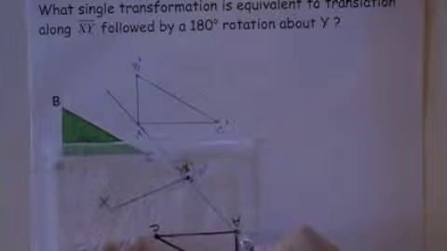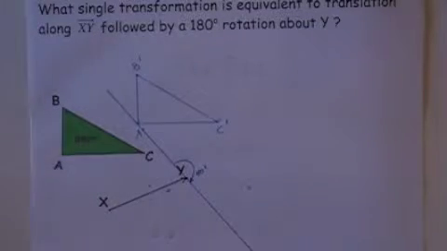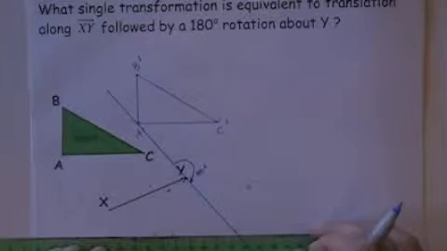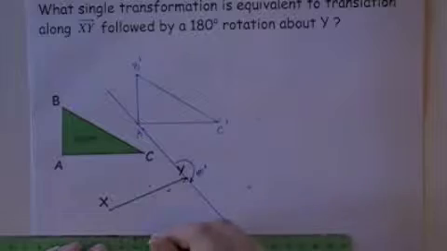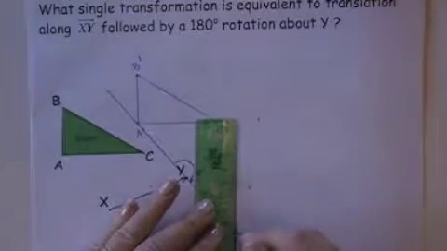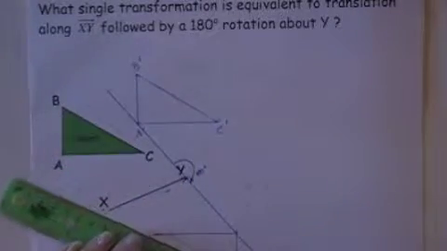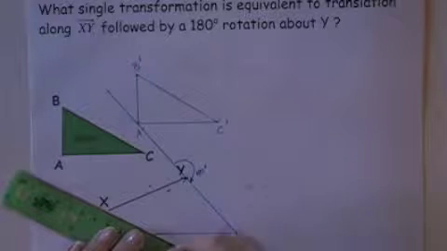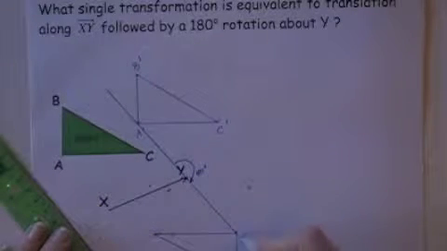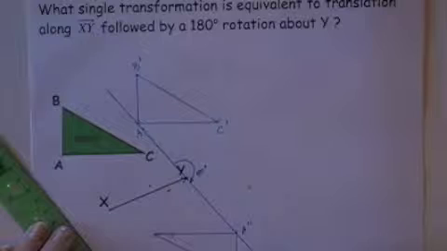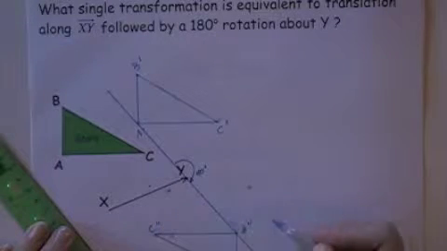And now I'll press down on my pencil rubbings, and I'll draw in this triangle. This will be triangle A double prime, B double prime, C double prime.